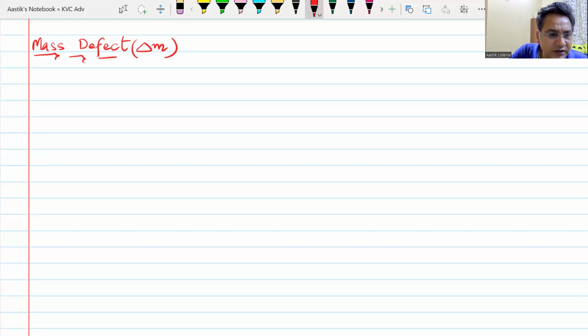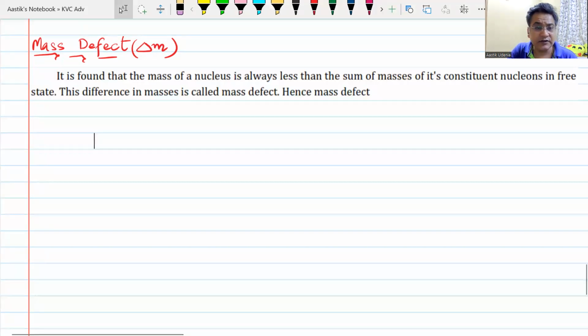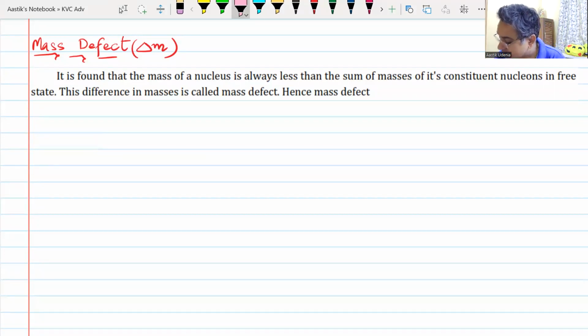Now, whenever a nucleus is formed for any element or any atom, it has been observed that the mass of the nucleus is always less than the sum of masses of its constituent nucleons.